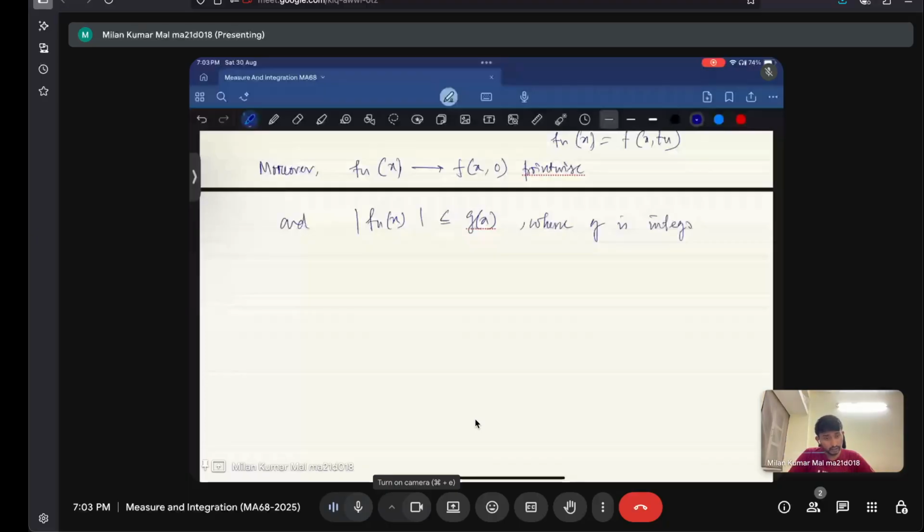Because fn is a measurable function first of all, measurable in x for each fixed t, and it will be integrable because g is integrable. So fn is a sequence of integrable functions that converges pointwise to the function f.